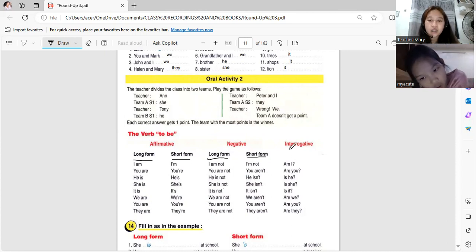For the interrogative, it means questions like why, where, when, what. For example, am I? Are you? Is he? Is she? Is it?